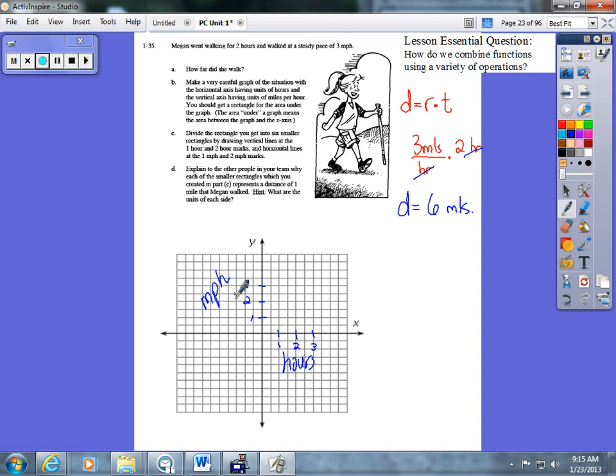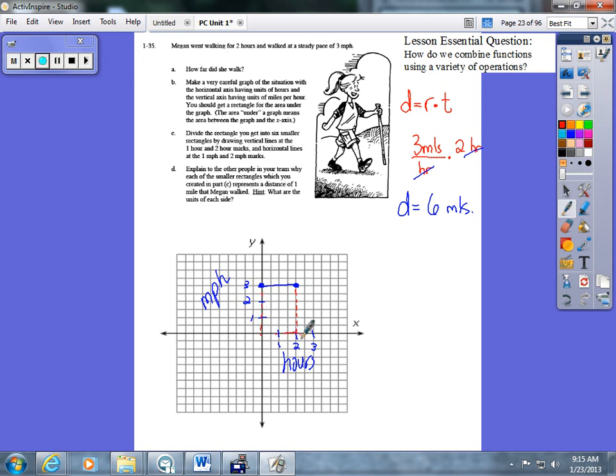So she goes 3 miles per hour for 2 hours. That's going to be a horizontal line because her rate doesn't change. It's the same rate the whole time. You should get a rectangle for the area under the graph. If I drop a vertical line down here, you see that this forms a rectangle.